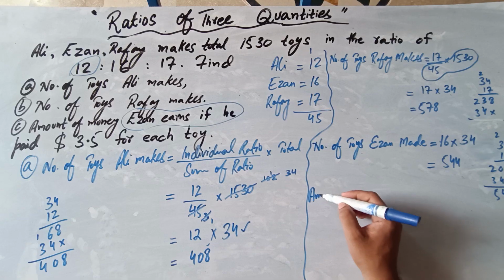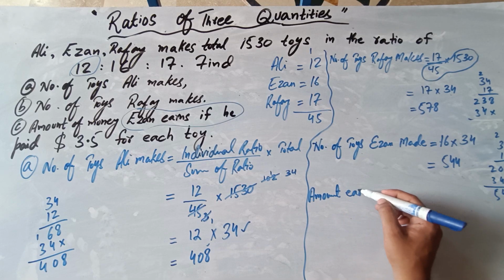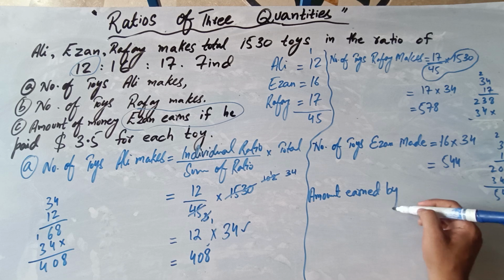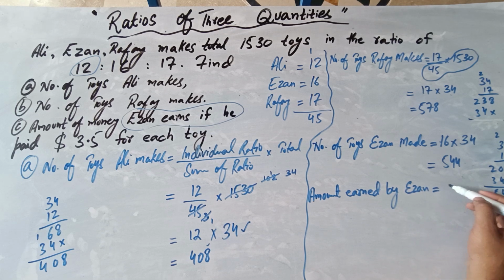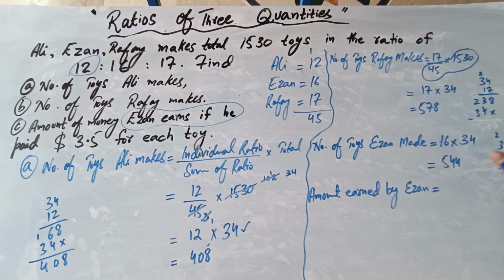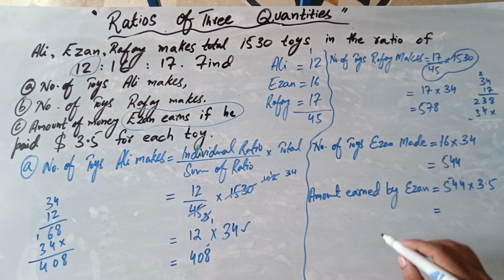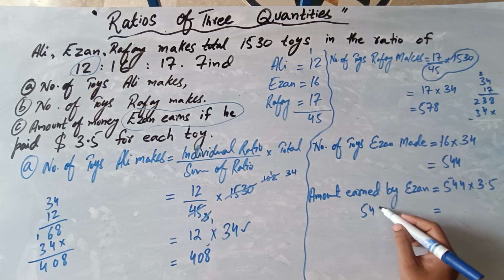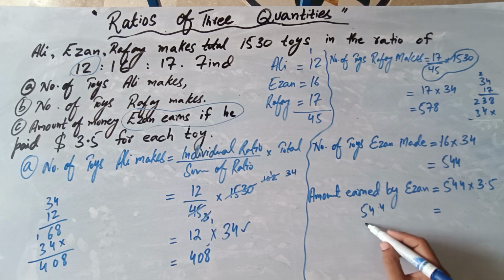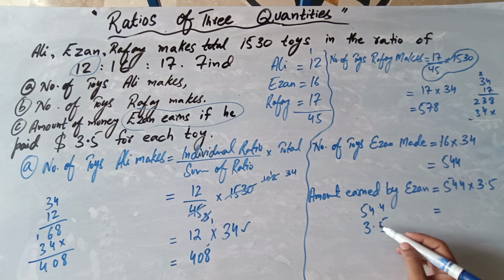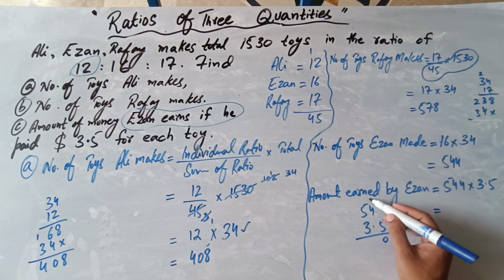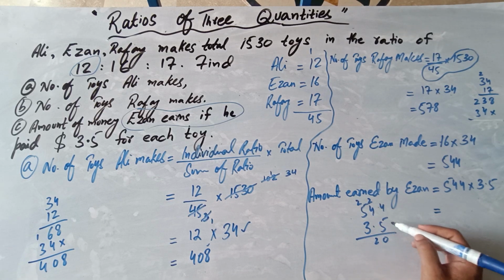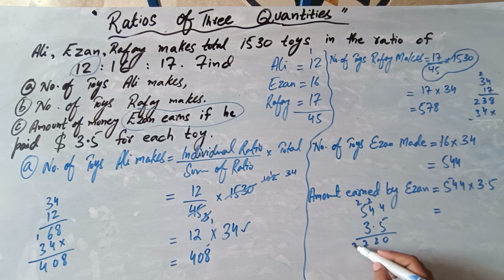So the amount earned by Izan is equal to the number of toys multiplied by 3.5, because he is paid $3.5 for each toy. So let's multiply 544 with 3.5. 5 fours are 20, 5 fours are 20, 22, 5 fives are 25, 27.